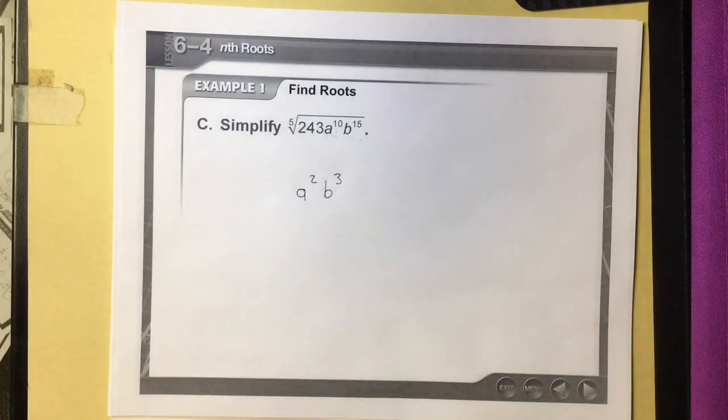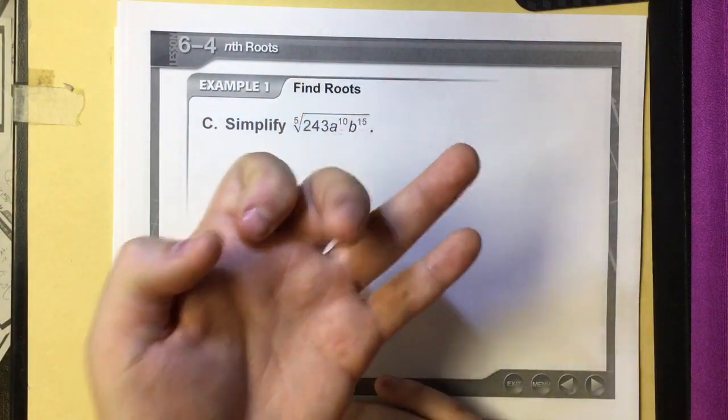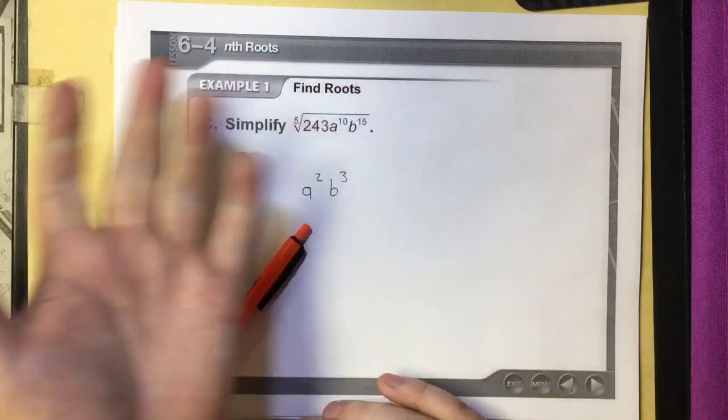Now we just need to do the 5th root of 243. So again, we have to think what number times itself 5 times is going to give us 243. So if you tried 2, you'd have 2, 4, 8, 16, 32. That doesn't work.